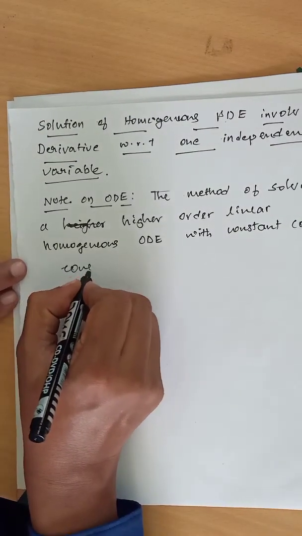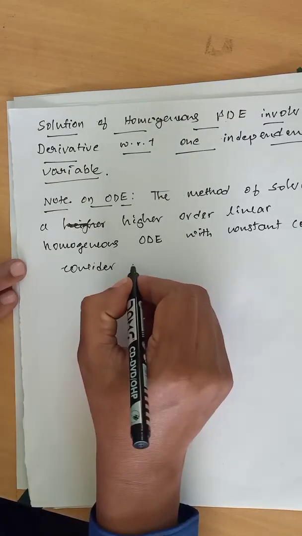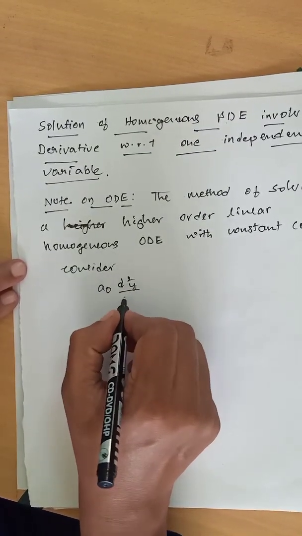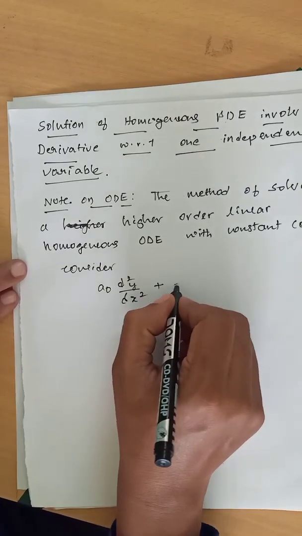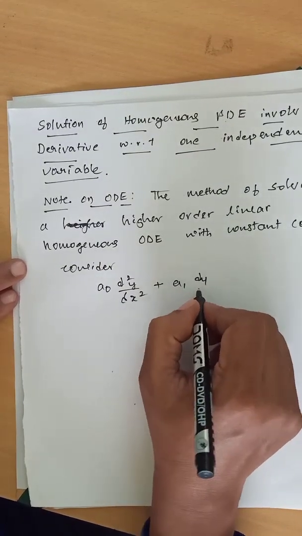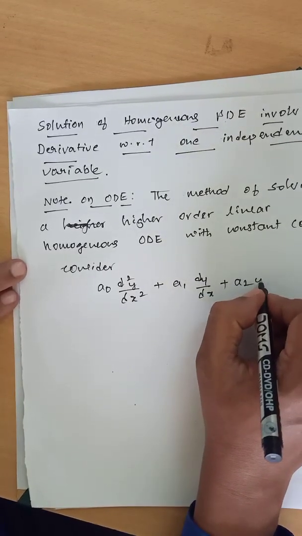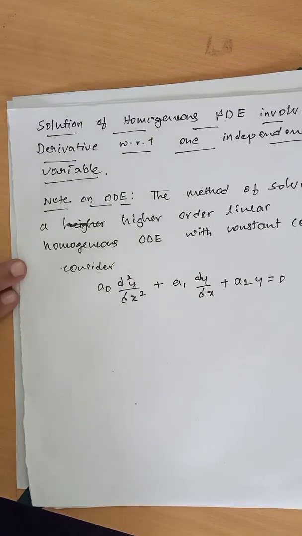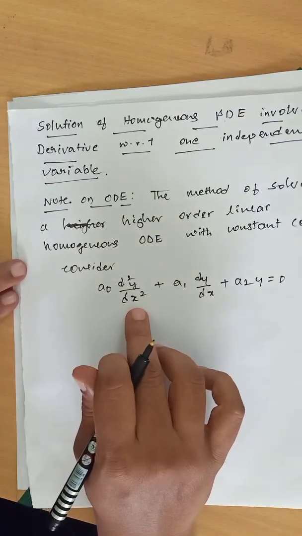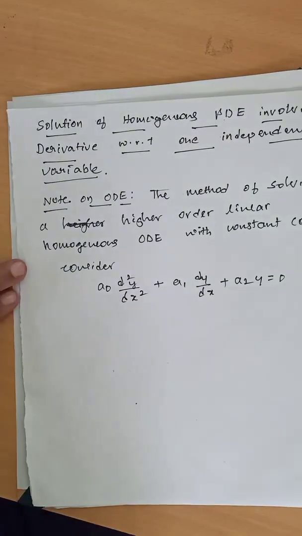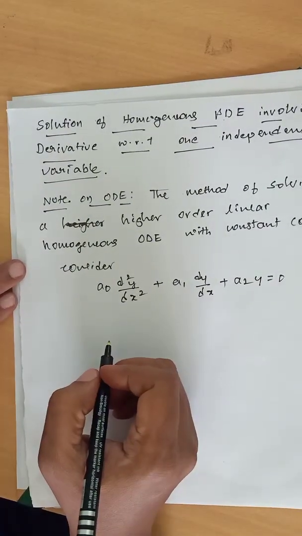Consider a0 d square y by dx square plus a1 dy by dx plus a2 y equal to 0. You are familiar with the higher order or second order homogeneous ordinary differential equation with constant coefficient.